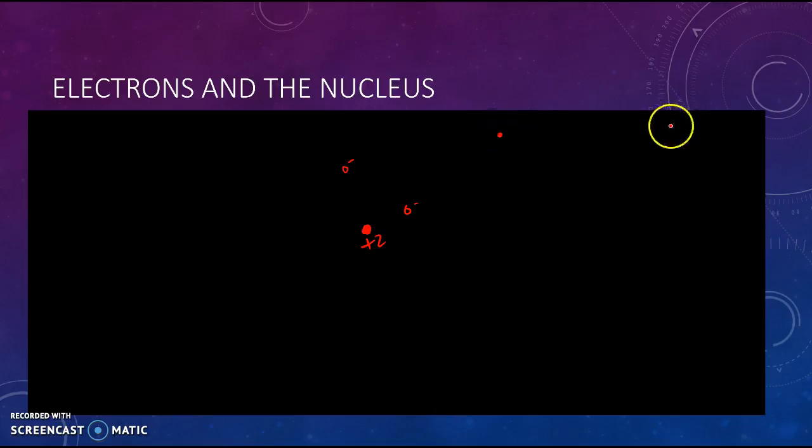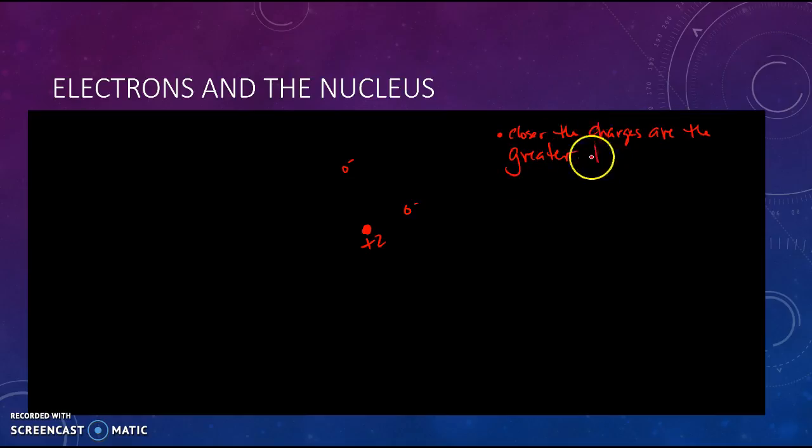We know, first of all, that there's a force of attraction between these because they're opposite charges. Opposite charges attract. You guys learned this in grade school science, and the same is true in the atom. So this is what's holding those electrons around the nucleus. And from this force of attraction, we know that the closer the charges are, the greater the force of attraction.